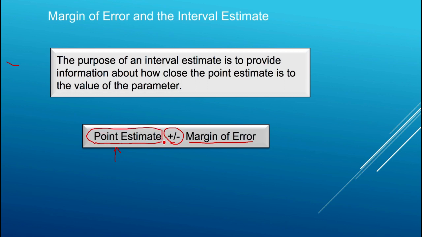The wider that range, the less certain we are, and the narrower that range, the more certain we are about the accuracy of our point estimator as an estimate of the corresponding population parameter.